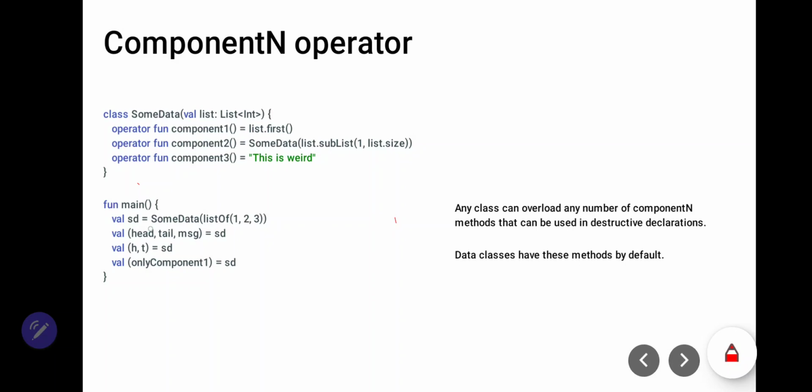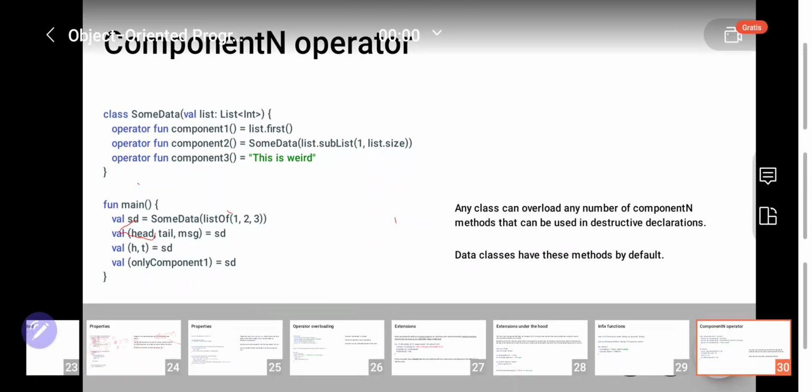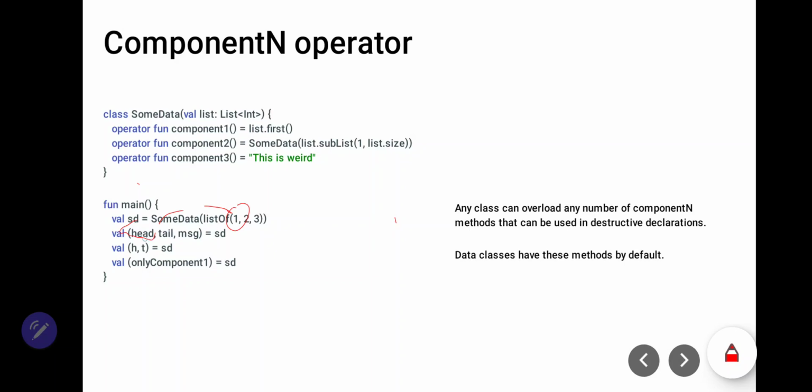For the first, head just has 1 in here. You can see in here the list, and head just has 1 because component 1 gets back element number 1.